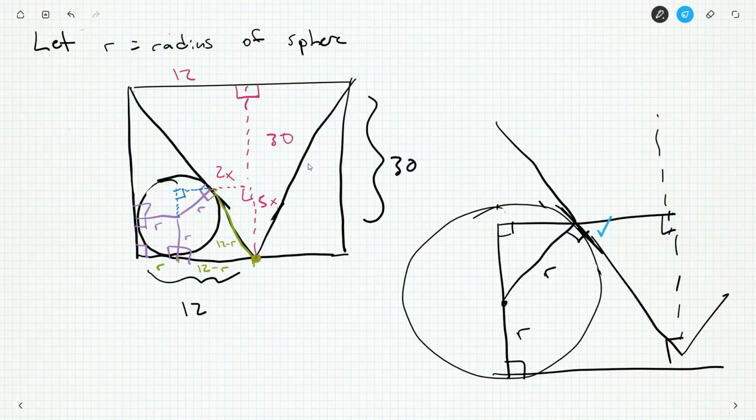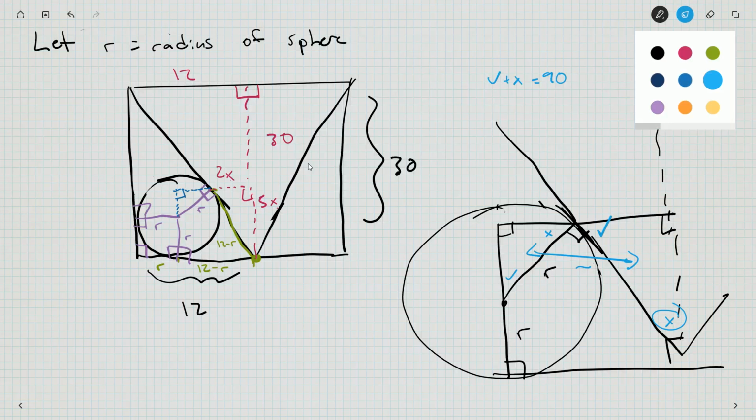So if I call this check and this x, check plus x has got to be equal to 90. But check and x, that means that this guy down here must be x. And so we get that this is check and that these two triangles are similar. Okay, they're not congruent, obviously, but they're similar.